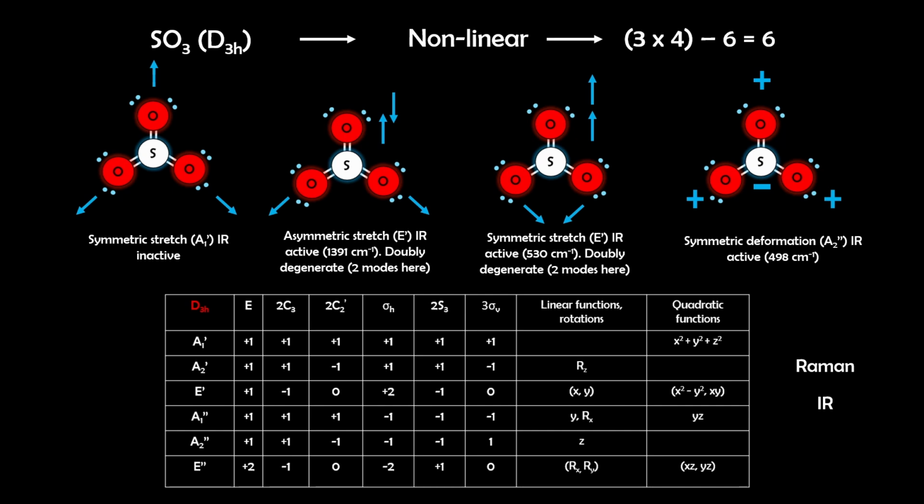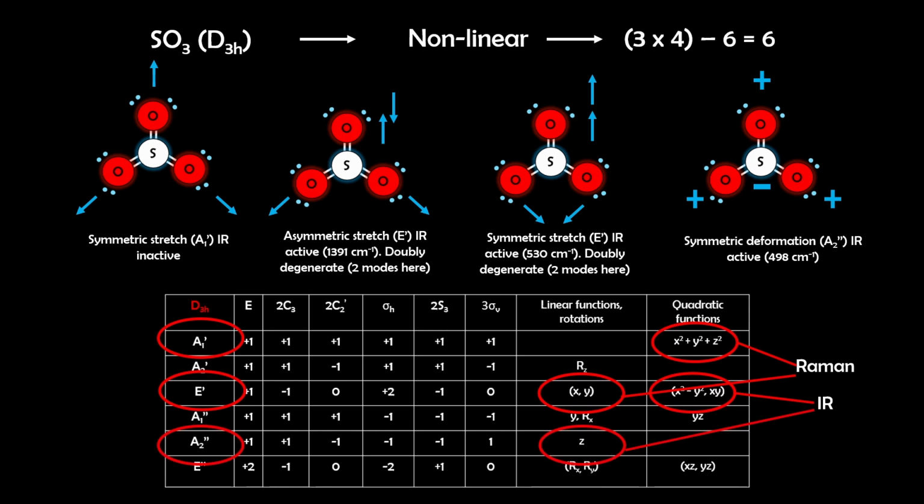So this trick only works sometimes for all the involved irreps. So the reducible representation will reduce to A1 prime, E prime, and A2 double prime. A1 prime is Raman active only, E prime is both IR and Raman active and is doubly degenerate, and A2 double prime is IR active only.